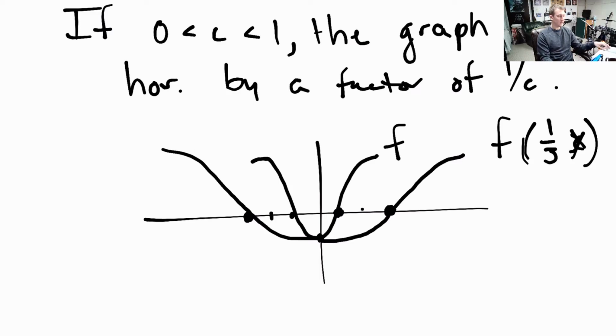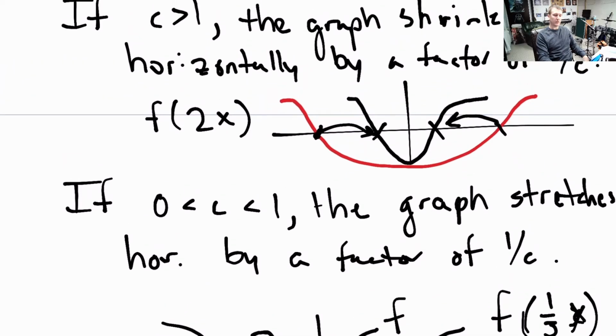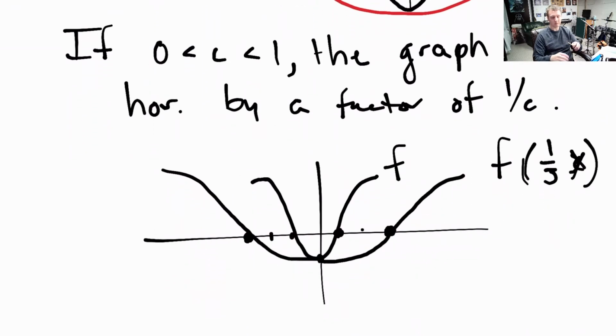So just like the shifting left and right, it's kind of backwards, I think. A lot of students struggle with that. But again, when you adjust the input, remember you're adjusting the x-axis. So you're stretching or shrinking the x-axis. And if you view what happens to the graph through that lens, I think it's easier to see why the graph compresses or shrinks when you multiply by a big number, and why it stretches when you multiply by a small number.